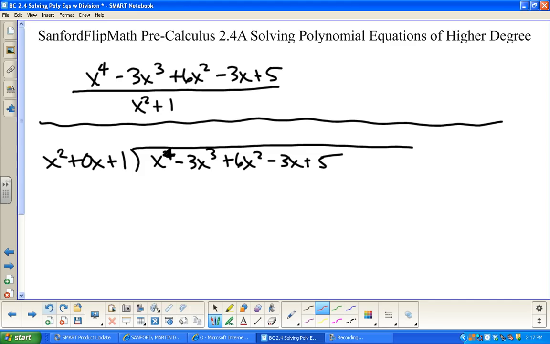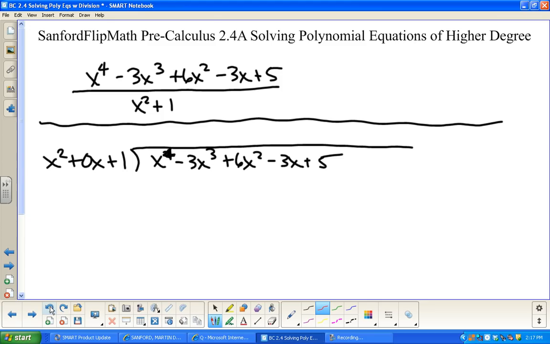So I have x to the second, x to the first, no x. x to the fourth, x to the third, x to the second, x to the first, x to the 0, no x. That's what you want, whether it is as part of the dividend or the divisor. If either one, then you will really want to have all the terms present.